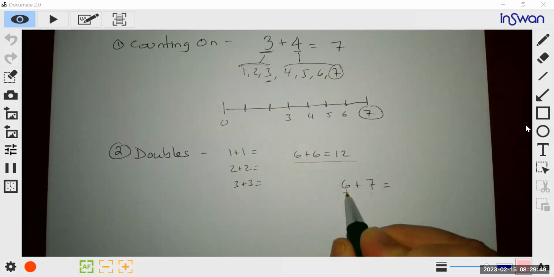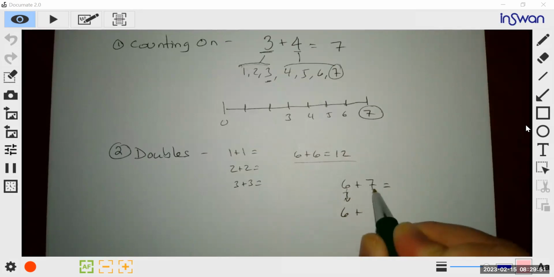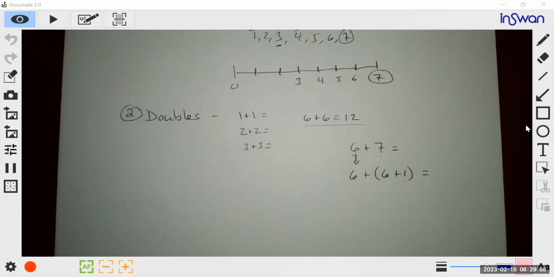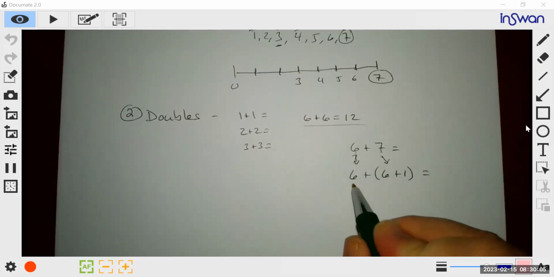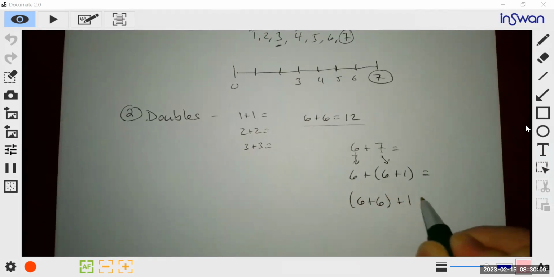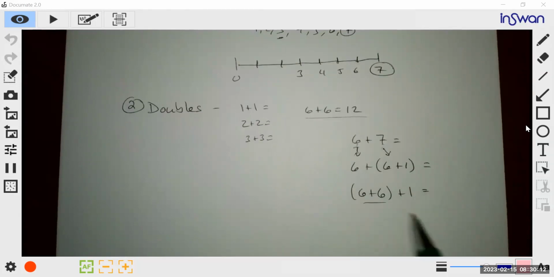So 6 is just 6. 7 is 6 plus 1. Now, since I have 2 6s together, and I know that 6 plus 6 is what? We know it's 12. 12 plus 1 is 13. So that's another way you can teach kids.